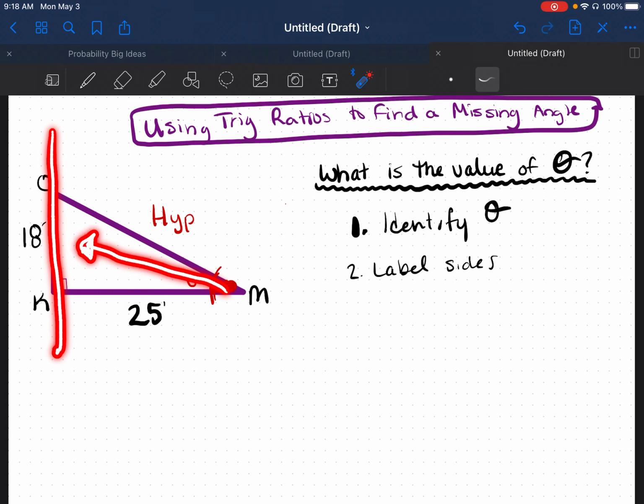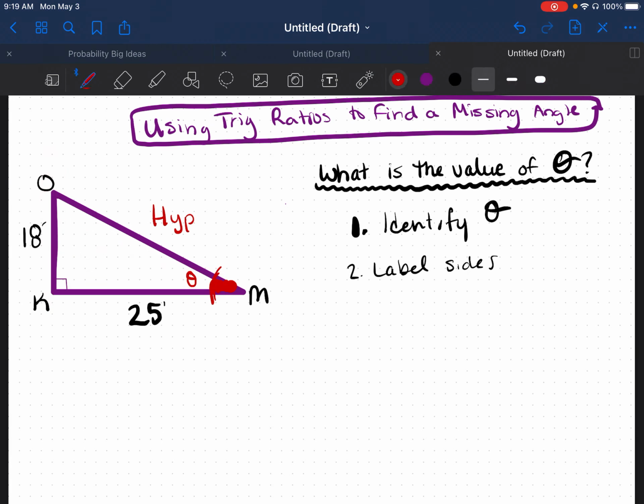It does not touch my angle M. So this is opposite. And then finally, this side here is adjacent because it touches my reference angle, my angle M. So this is adjacent. So identify theta and then label the sides.